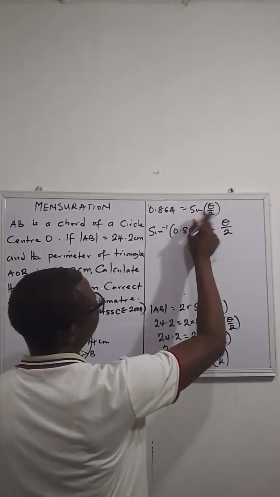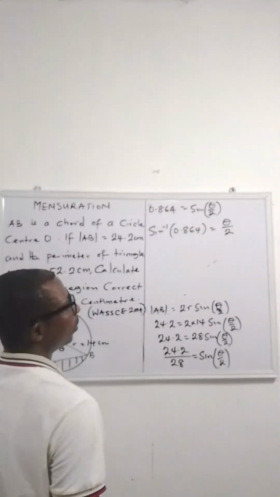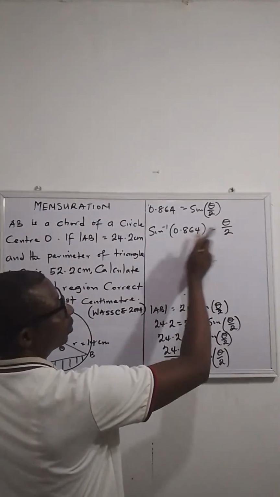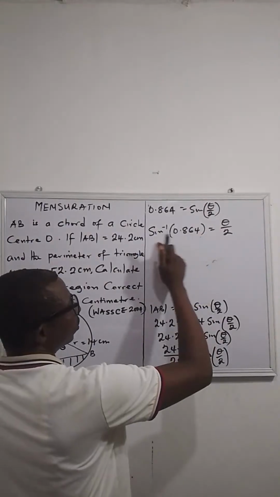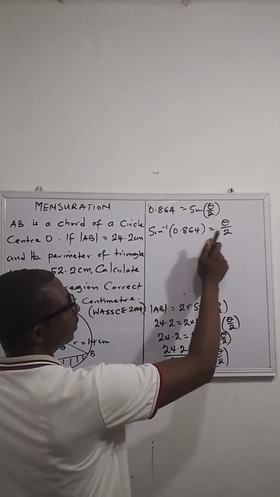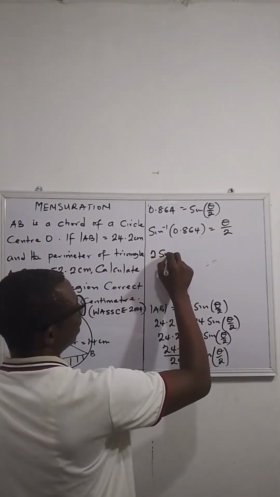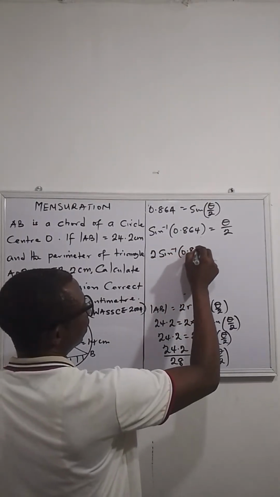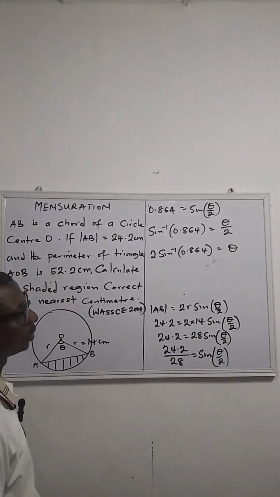When you take arcsine of this side, the sine goes. So now you multiply each side by 2. So you have 2 arcsine of 0.864, and you have the answer for theta.